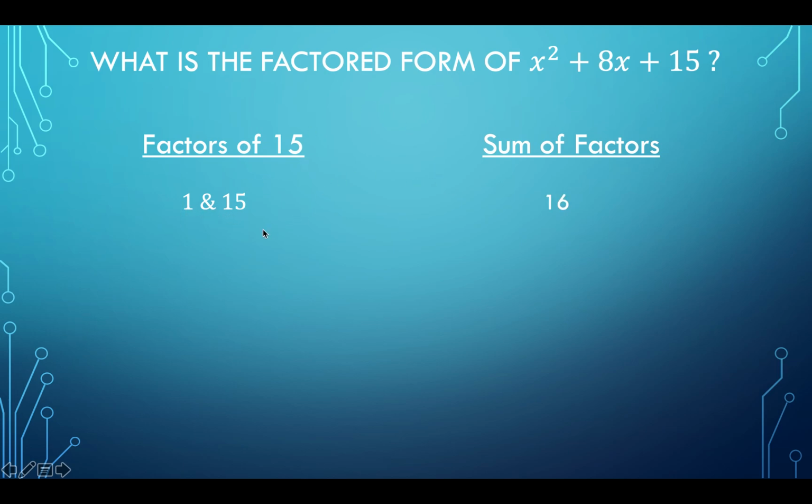What's the sum of 1 and 15? 1 plus 15 will give us 16. Well, 16, we can't use it because we're looking for 8 as the sum. So 3 times 5 will also give us 15. What about 3 plus 5? 3 plus 5 gives us 8. That works here because that's the sum.